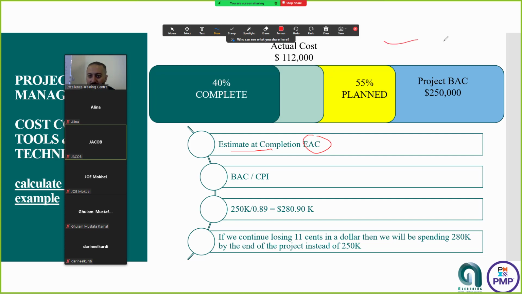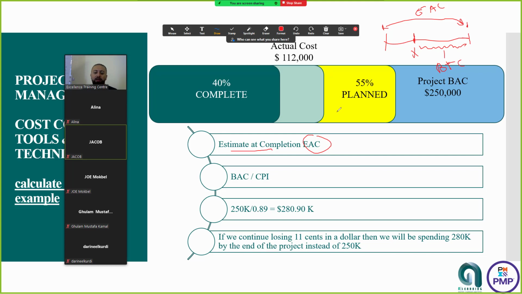If this is the timeline of the project, from start date to completion date, and we are here with actual cost AC, there is remaining work to be done, correct? What that costs is the budget to complete.